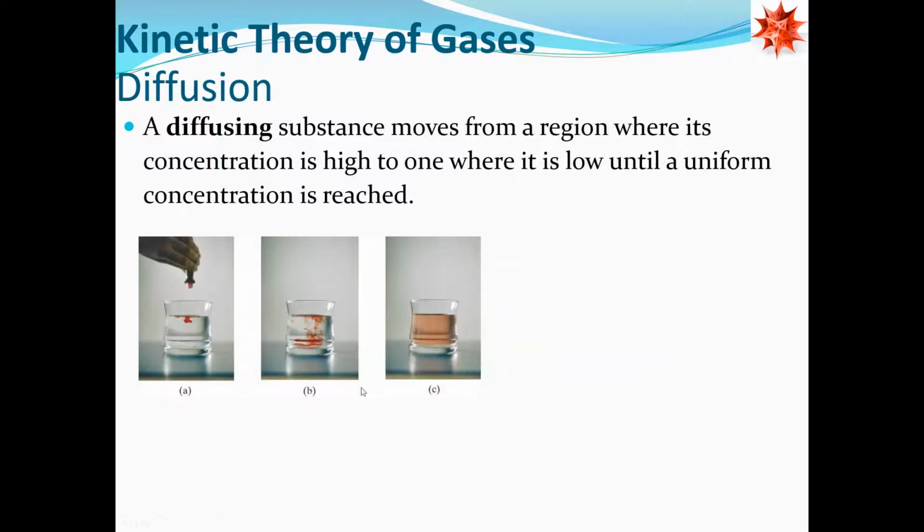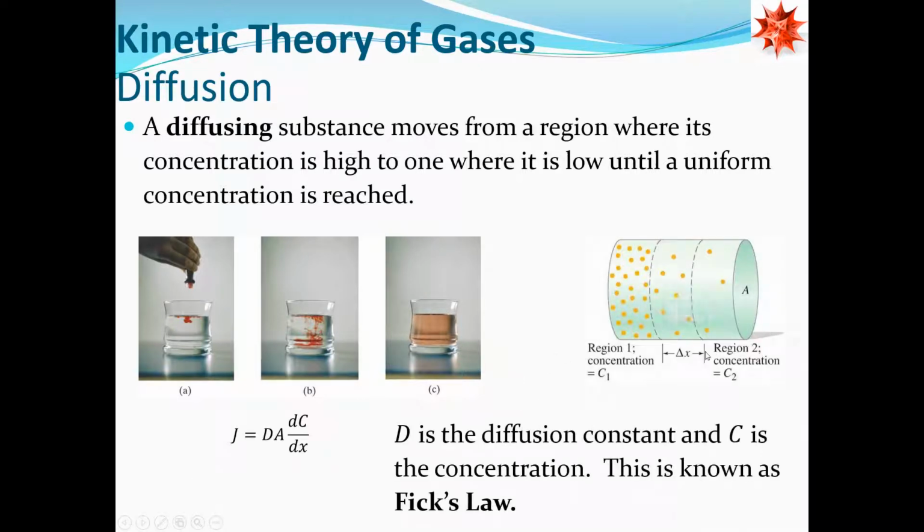So, for example, if you have water and you drip a little bit of food dye here, it will spread out and diffuse around until it's spread out evenly. The whole idea is that you're not really going to get a situation where there are all these molecules in one area and not much going on somewhere else.